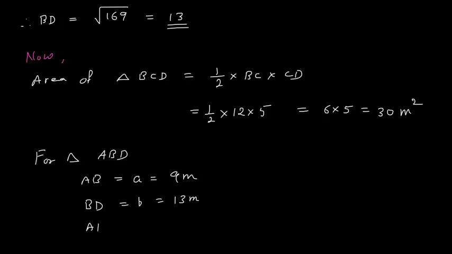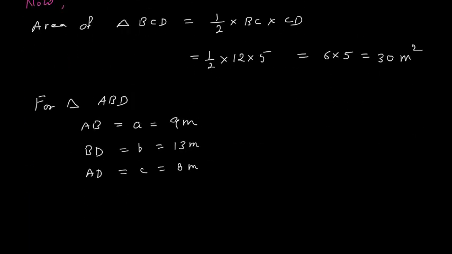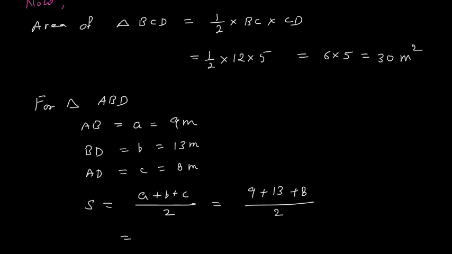And AD as small c, which is 8 meters. And here I will find the semi-perimeter S. So S is a plus b plus c whole divided by 2. So this gives me 9 plus 13 plus 8 whole divided by 2. So 13 plus 9 is 22, 22 plus 8 is 30, 30 divided by 2 is 15. So the value of S is 15.